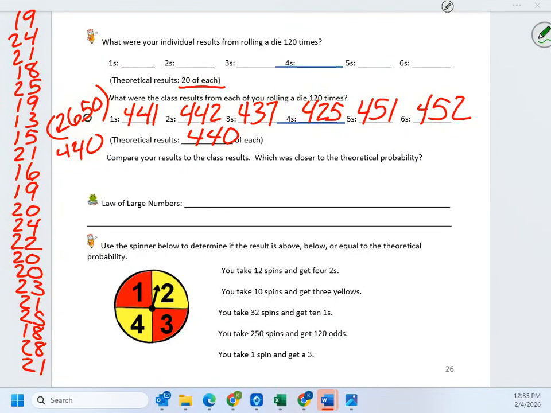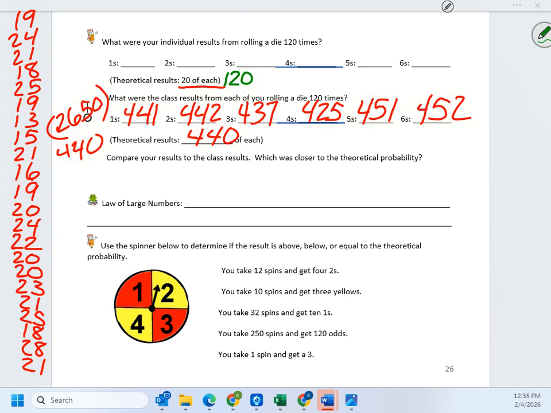And I was wrong, it's not 20 out of 20, it would be 20 out of 120, because you had 120 rolls. So the total rolls up here, if you had 19, you do 19 divided by 120. I said that wrong, so that was my mistake. Yeah, that's correct.